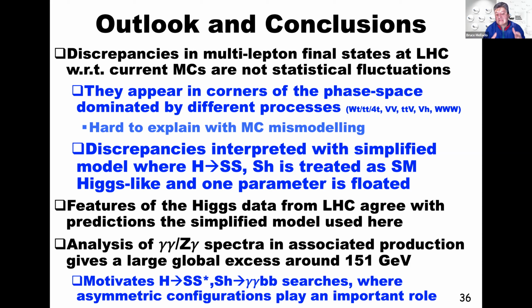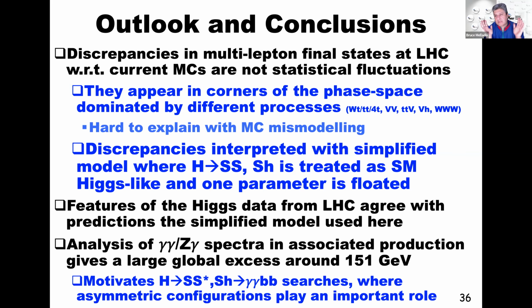But what we do is to say that these are real excesses, what the anatomy of these excesses is based on the one-dimensional distributions that experiments have provided, and what kind of kinematic range these excesses sit at. That's as far as we can possibly go at the moment.